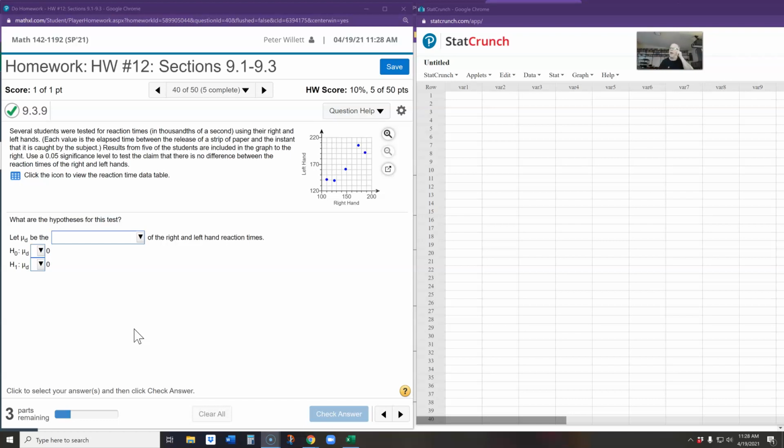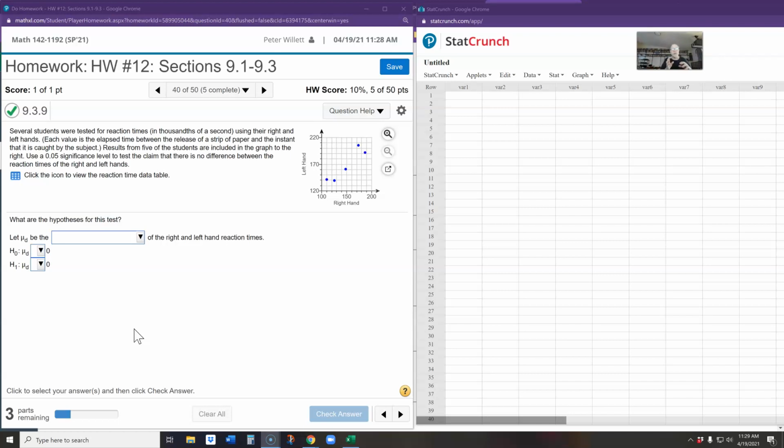So I'm pointing this out because part of being able to do problems from 9.3 is to recognize when it is a problem from 9.3, when the two different sets of values are paired together in some way. Now, if you're doing a problem from 9.3, you're going to kind of know that because that's what we discuss in that section.